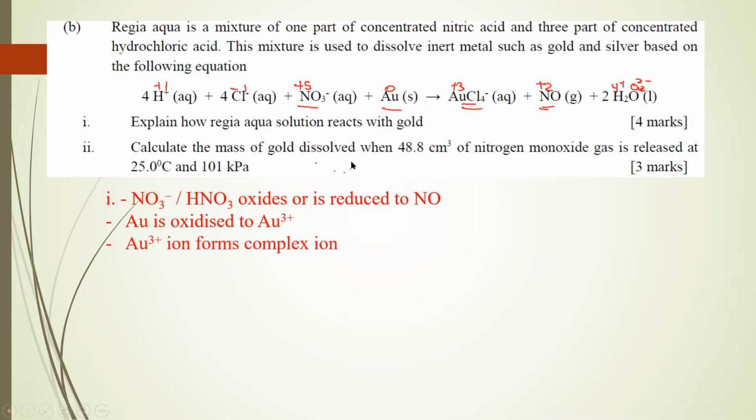So gold comes in the complex ion of AuCl4 minus, AuCl4 minus. And last but not least, it is soluble in water.